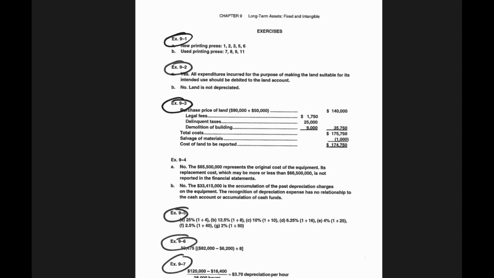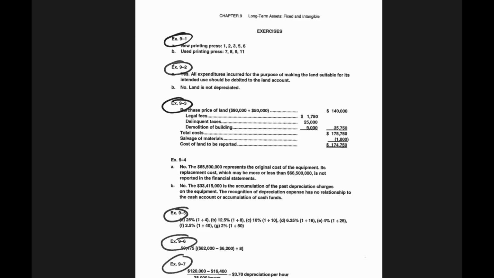Number 2, determining the cost of the land. The ski company has developed a tract of land for a ski resort. Should the tree cutting, land clearing, and grading costs of constructing the ski slopes be debited to the land account? And the answer is yes, because it's getting it all ready for its intended use.